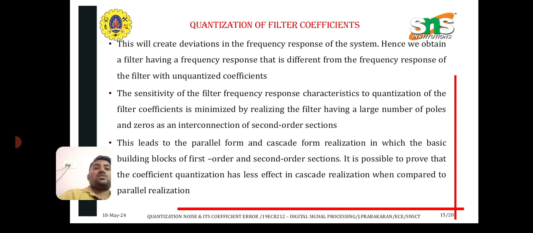Next is optimal quantization, using algorithms to find the optimal quantization level for coefficients, minimizing the overall quantization error. And the last is floating point representation in systems where precision is critical. Using floating point representation for coefficients can significantly reduce quantization error.